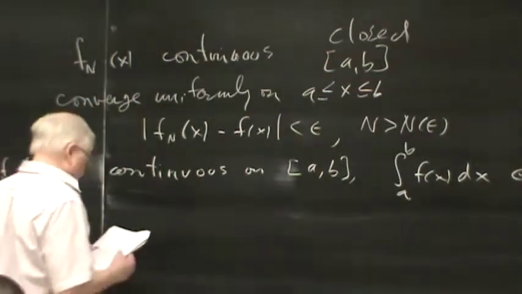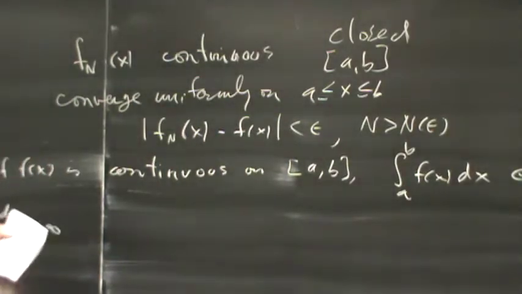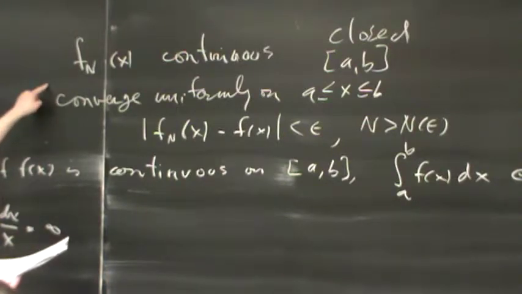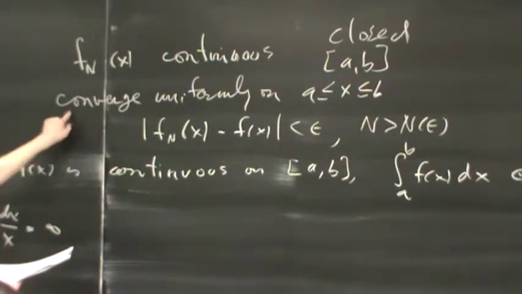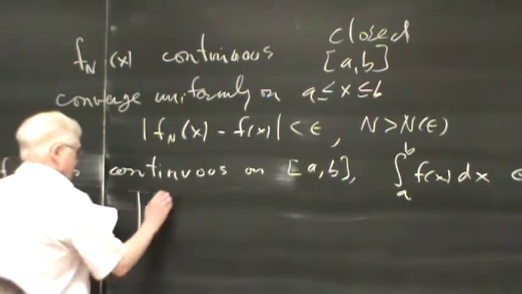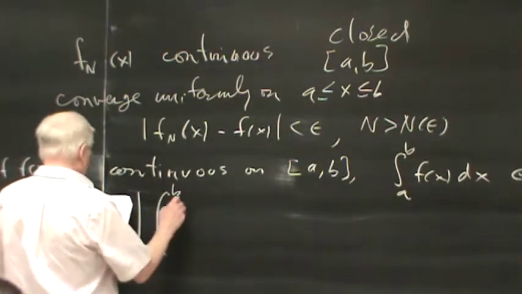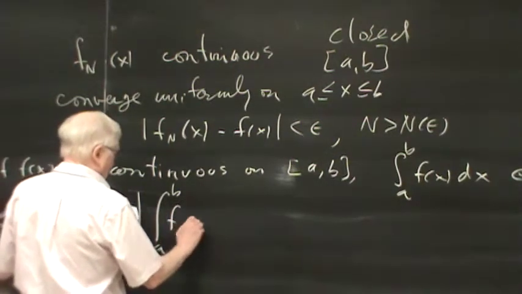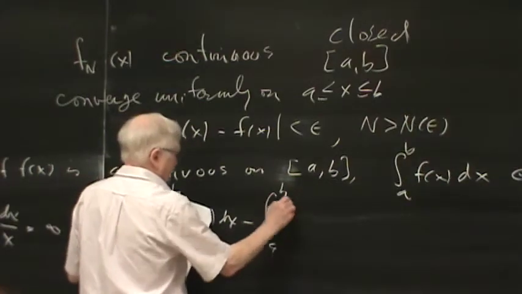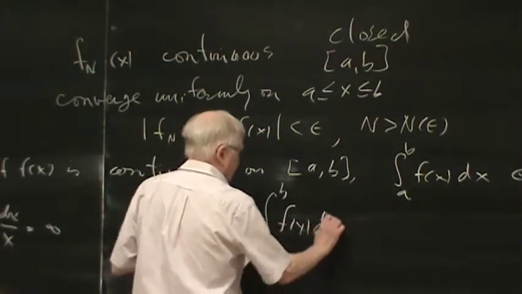Okay, so let's see, where was I here? So a function that's continuous on a closed interval is integrable there. And now we're considering a sequence of functions that converges uniformly on a closed interval. Well, then the point is that we can take these integrals from A to B, f_n of x dx minus the integral from A to B of f of x dx.